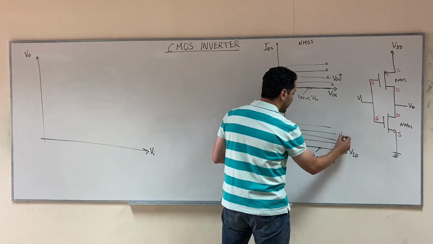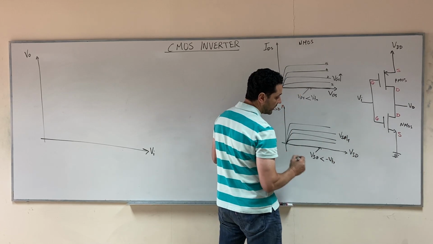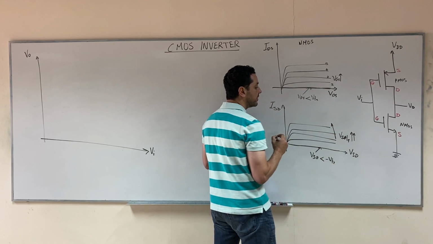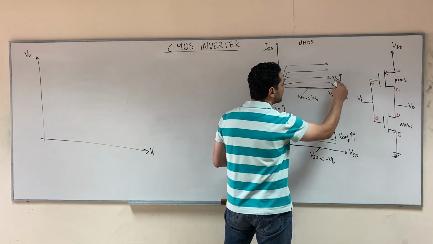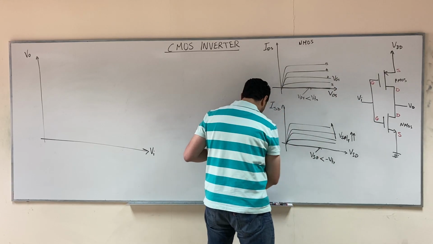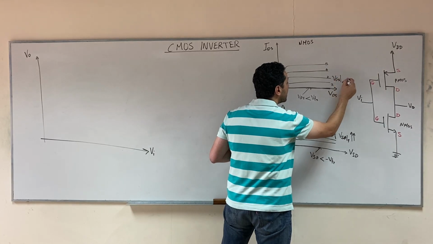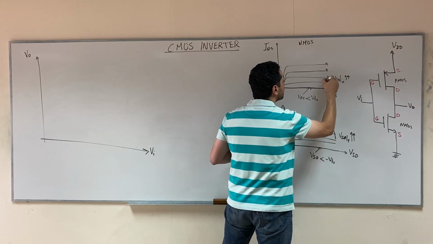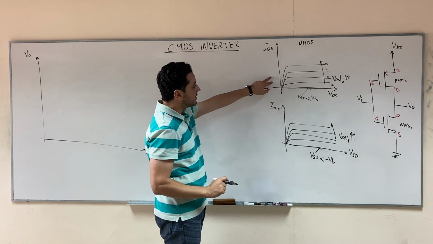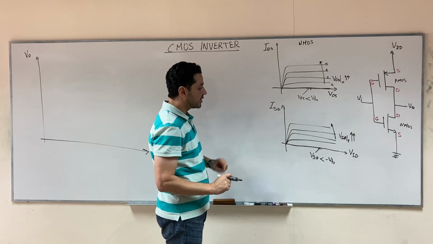So as you increase VSG of the PMOS, I'll write P here, as you increase VSG, the curve goes up. Here, as you increase VGS of the NMOS, as you increase it, the curve goes up. So these are the characteristic curves for the NMOS. These are the characteristic curves for the PMOS.